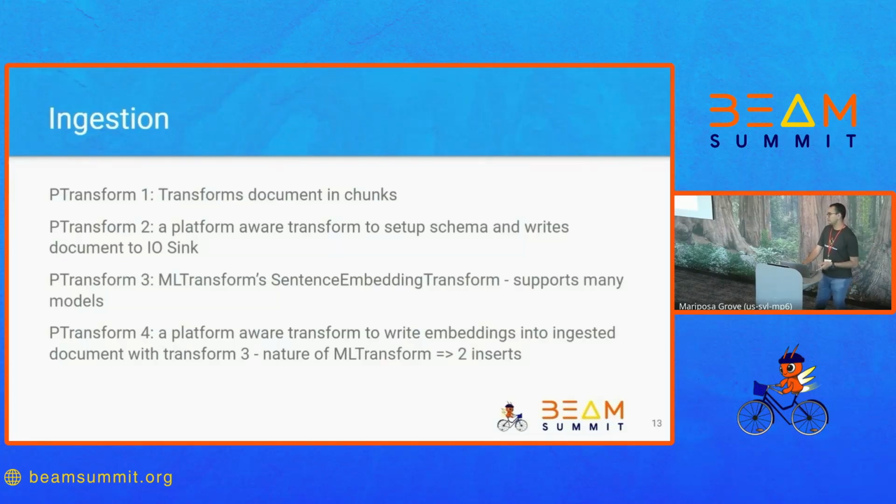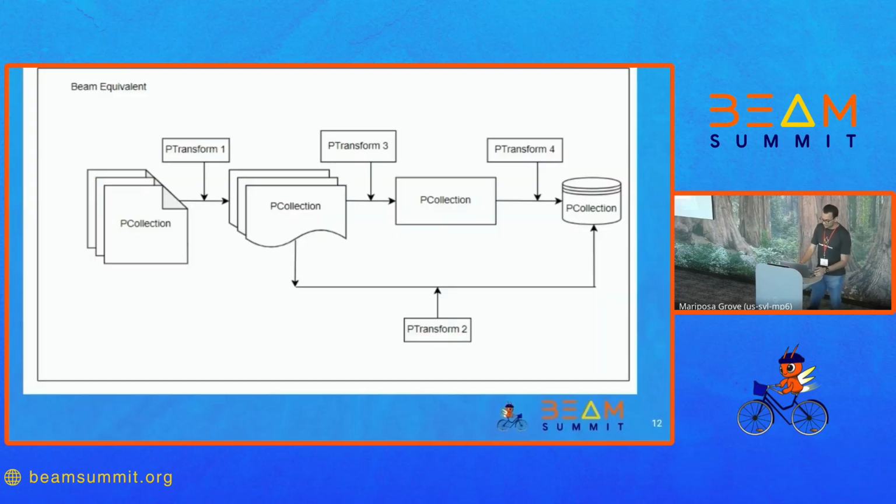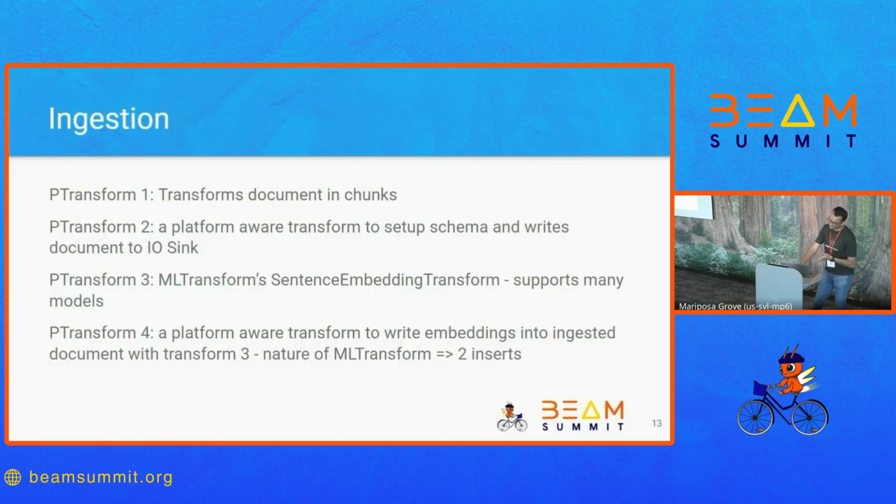It will be different for Redis vector database, and also different for OpenSearch vector database. Then the third PTransform is where we are converting the PCollection of text into a PCollection of embeddings. And then the fourth is again a platform aware transform where we are ingesting the embeddings into the database.